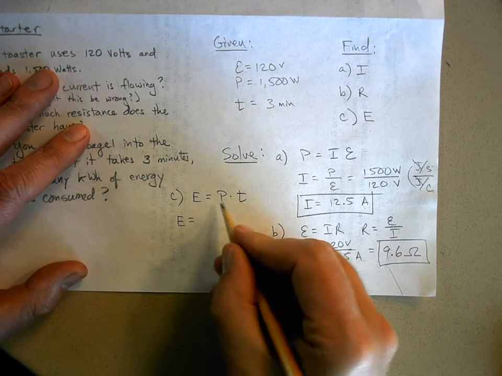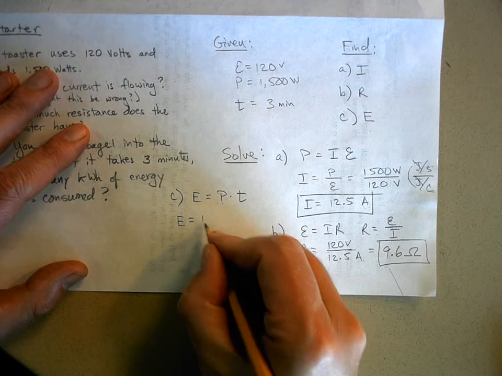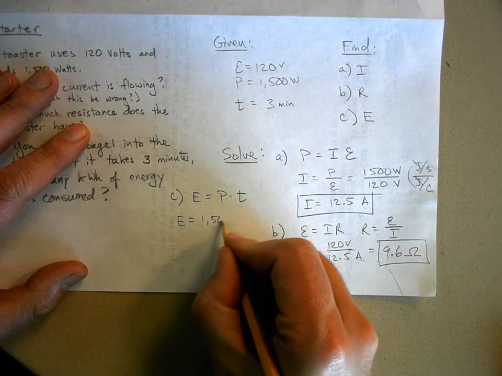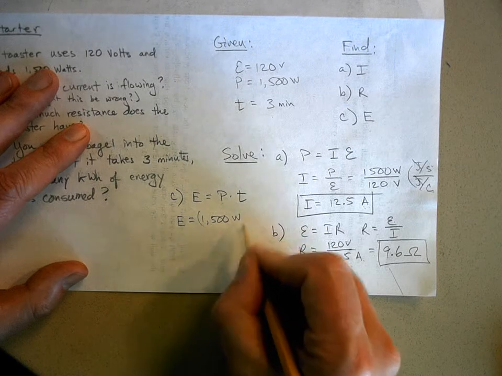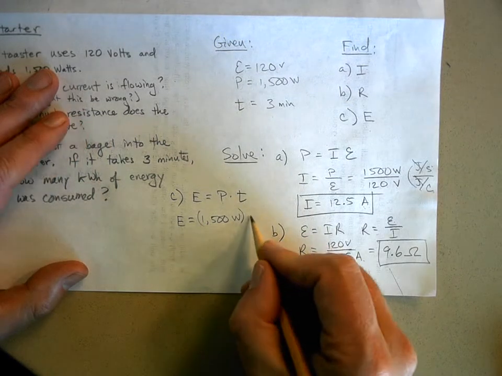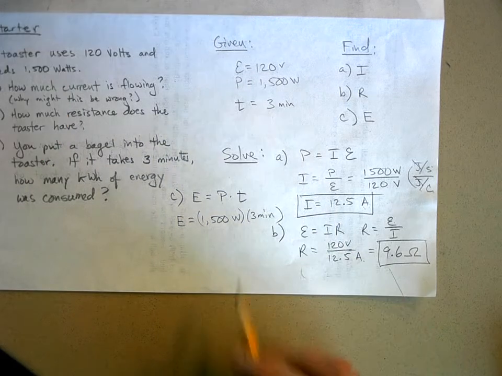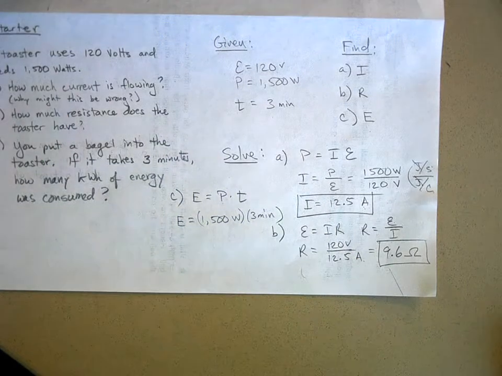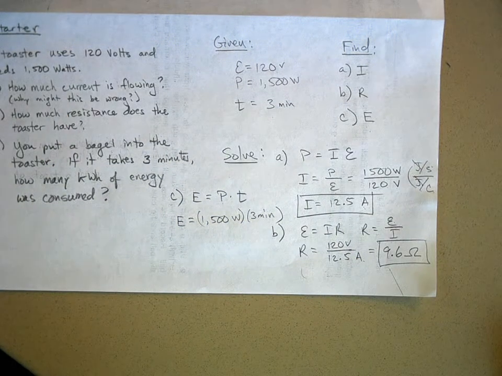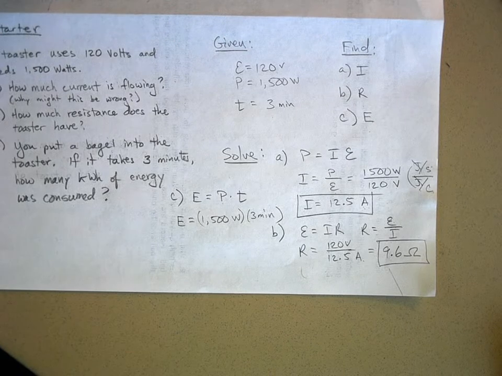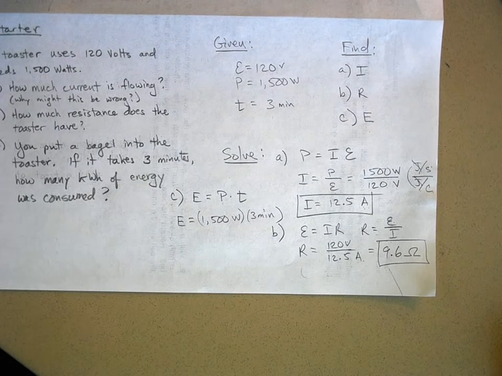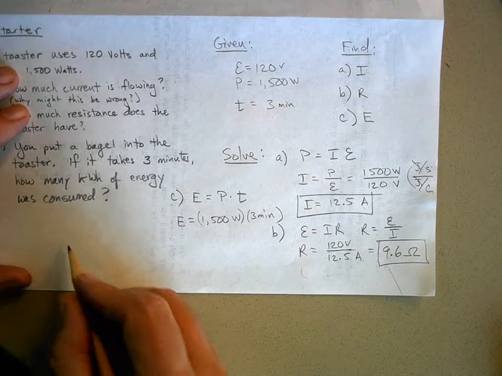So the energy, the power is 1,500 watts times 3 minutes. Okay, well, you'll get watt minutes here, and by the way, a watt minute is a unit of energy, but we want it in kilowatt hours. So let's change the units here.